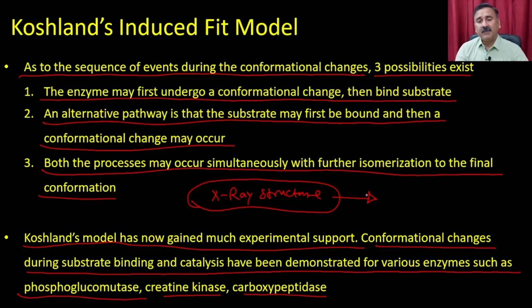Okay, so the Koshland model is also very popular, and it is explaining many of the phenomena, but that does not mean the lock and key model is not relevant. Both of these models are explaining. In some cases, the enzyme has a predefined three-dimensional conformation, and that's how it binds the substrate. In some cases, the substrate binds and induces the conformational changes.